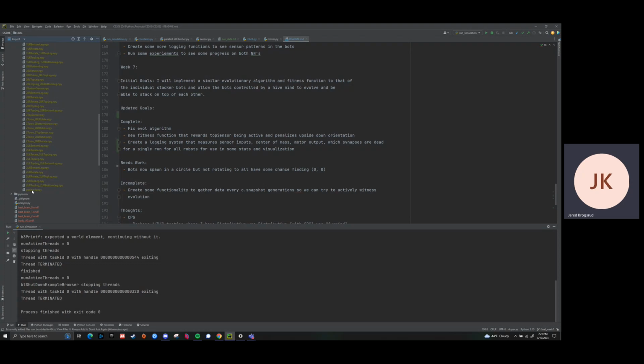I'm hoping that eventually I'll be able to graph their trajectories of the best runs, and also implement that during evolution. So every 10 generations or so, I can take the best one and map out on a graph the best result of that generation. So we can see generational progress in both the hive mind and the other one, and give me something to visualize to see if one is doing better than the other.